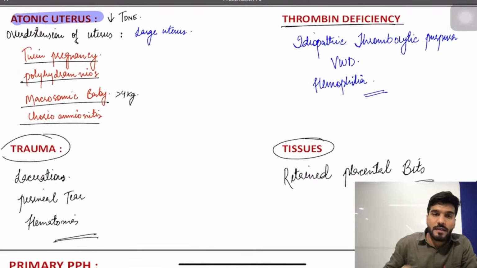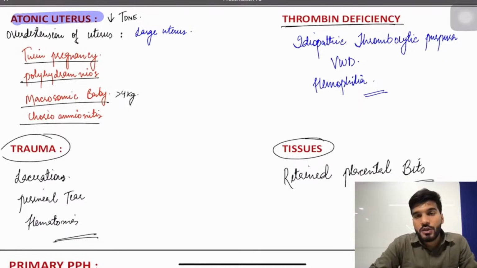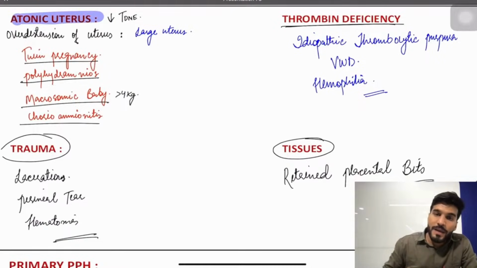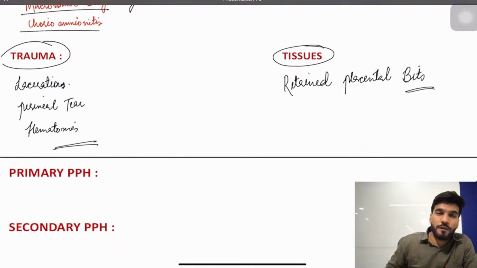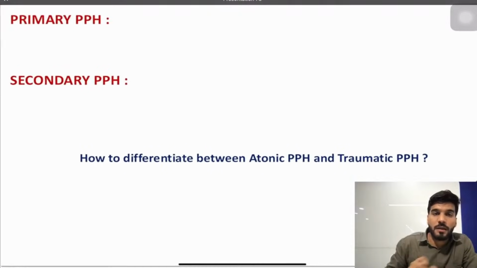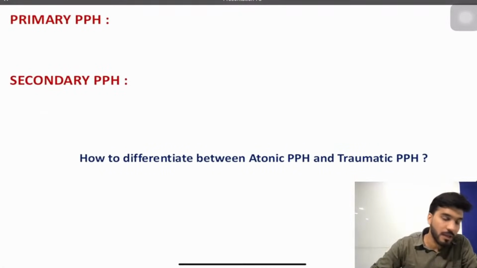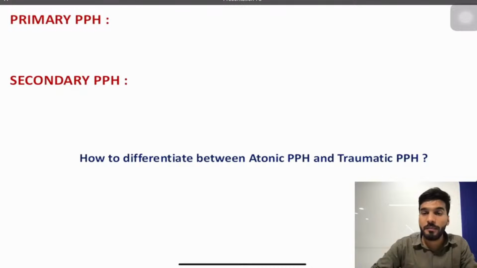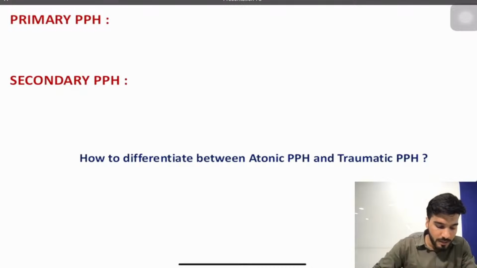So what are the 4 T's? Sir, atonic uterus, trauma, tissues, and thrombin deficiency. Now based upon the timing, we have types of postpartum hemorrhage. Either we will have a primary postpartum hemorrhage, or we'll have a secondary postpartum hemorrhage. Now what is primary postpartum hemorrhage?